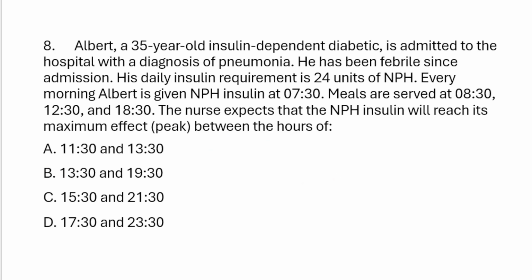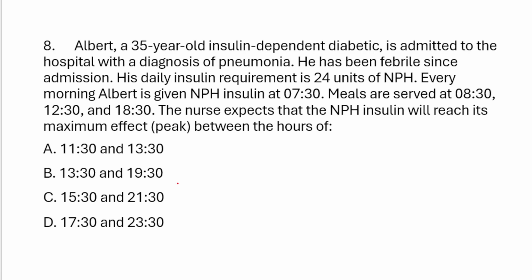Next question. Albert, a 35 year old insulin dependent diabetic, is admitted to hospital with a diagnosis of pneumonia. He has been febrile since admission. His daily insulin requirement is 24 units of NPH. Every morning Albert is given NPH insulin at 7:30. Meals are served at 8:30, 12:30 and 18:30.